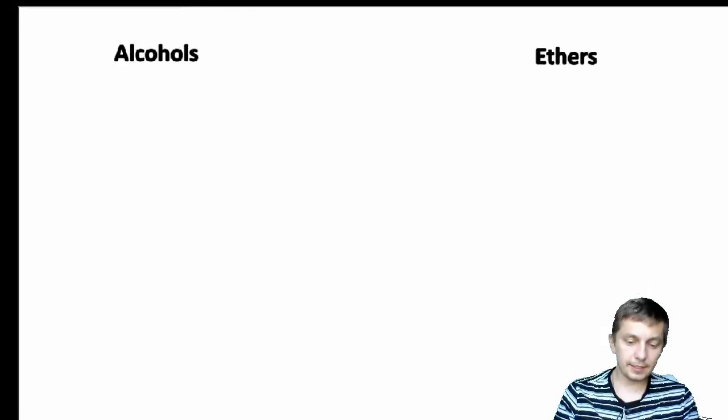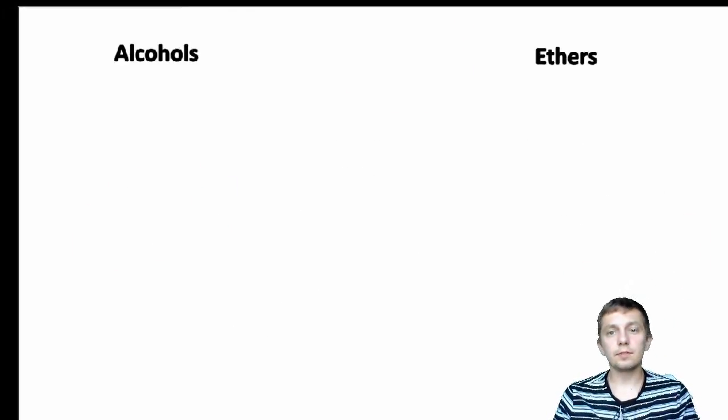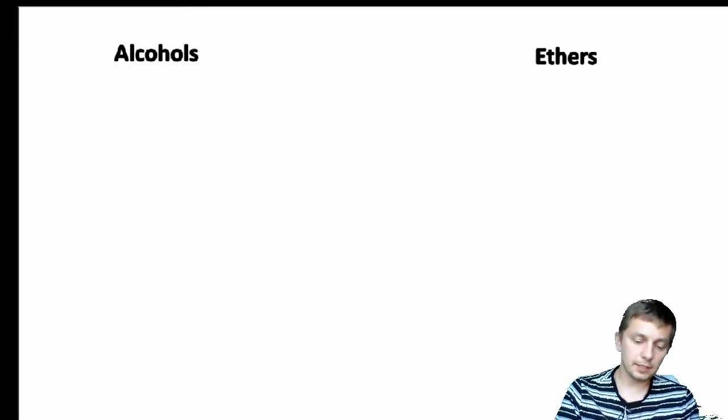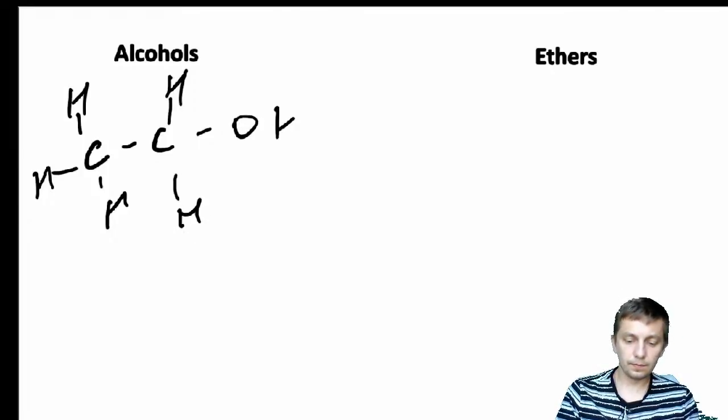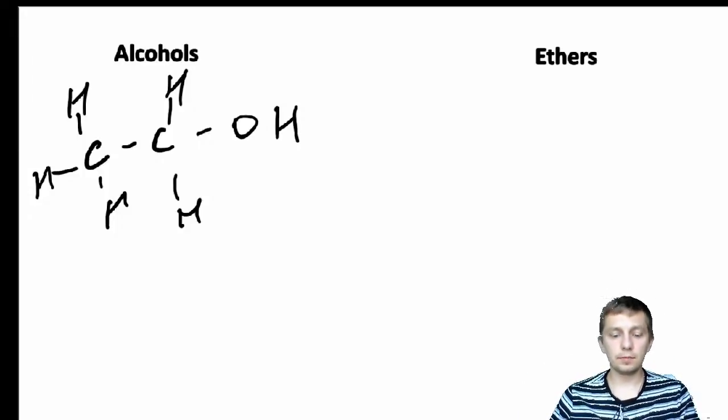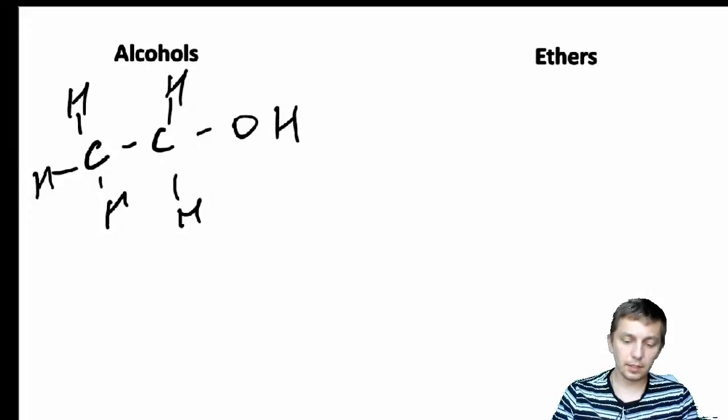So let's see. Alcohols, for example ethanol, it's CH3CH2OH, and these alcohols can react with other alcohols.